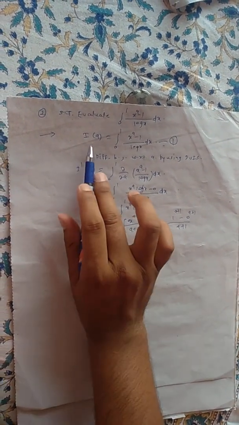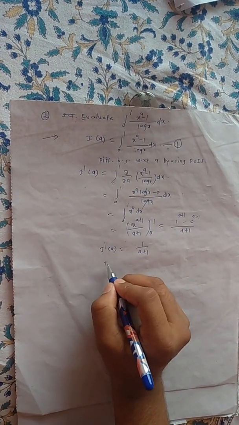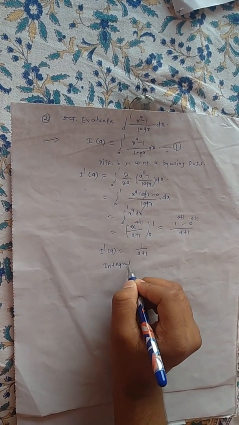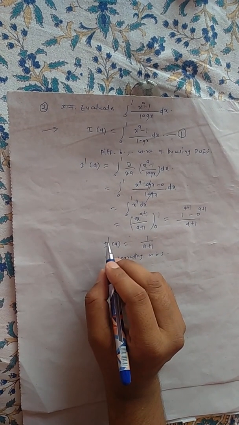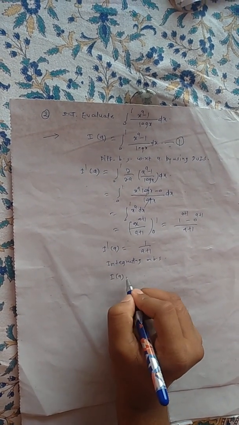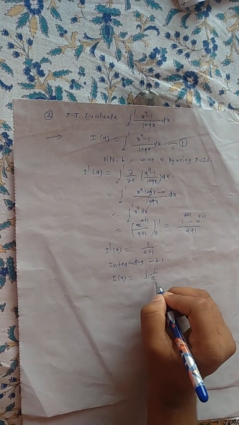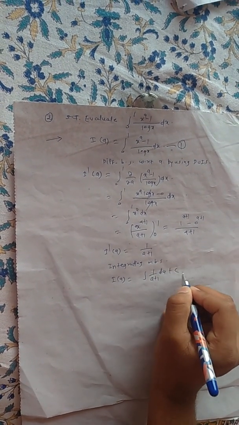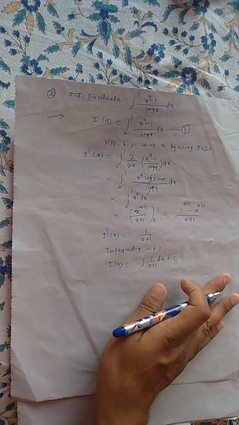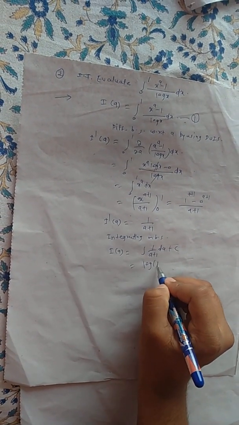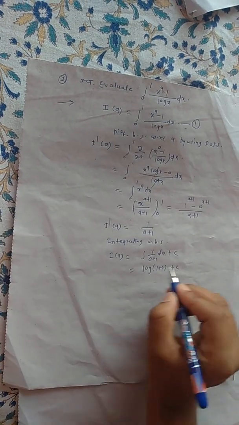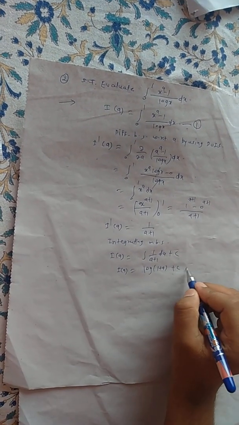But we require I of a. So integrating on both the sides, the integration and derivative get cancelled. So I of a is equal to integration 1 upon a plus 1 da plus constant of integration c. So integration of this becomes log of 1 plus a plus c. I of a is equal to this, calling this as 2.